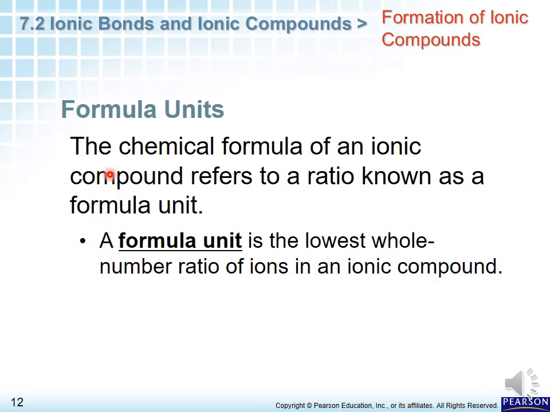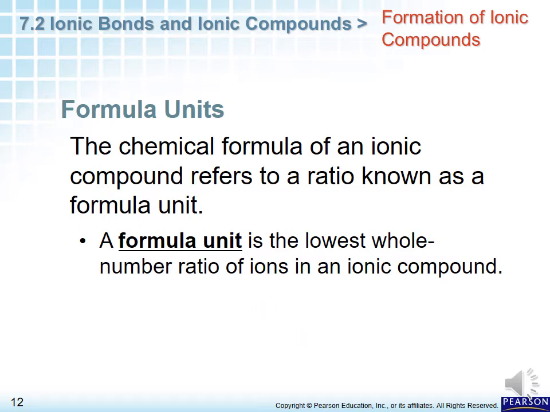So here we go. The chemical formula of an ionic compound refers to the ratio known as a formula unit. A formula unit is the lowest whole number ratio of ions in an ionic compound, like NaCl.